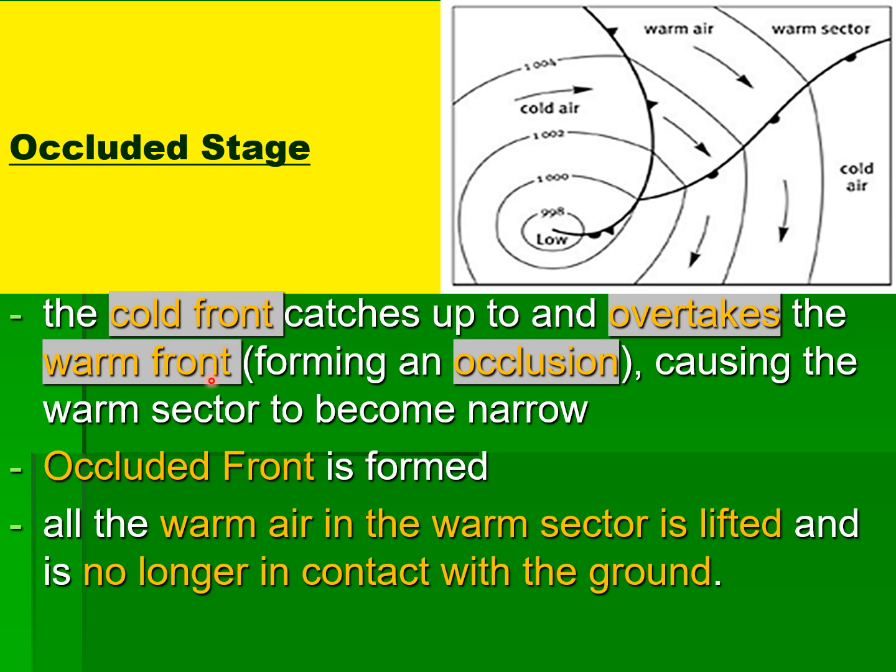We say that the front has occluded, or we say that an occlusion has occurred. On a synoptic weather map, it is represented by the fact that the cold and the warm front have merged, and we have both symbols for the cold front, which is a triangle, and the symbol for the warm front, which is a semicircle attached to the front itself.